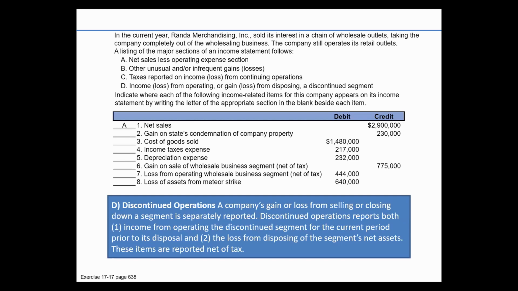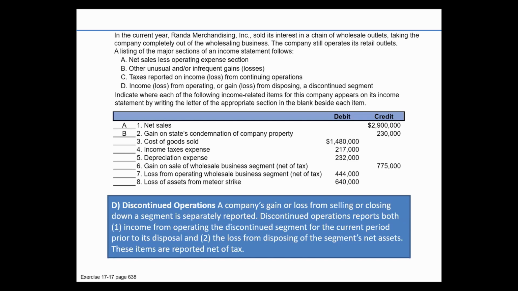So we see that our net sales would be part of our net sales less operating expenses section. That's where that would go. Then we see the gain on the state's condemnation of company property. So the state came in, they condemned the company's property, and then the company sold the property as is. There was a gain of $230,000.